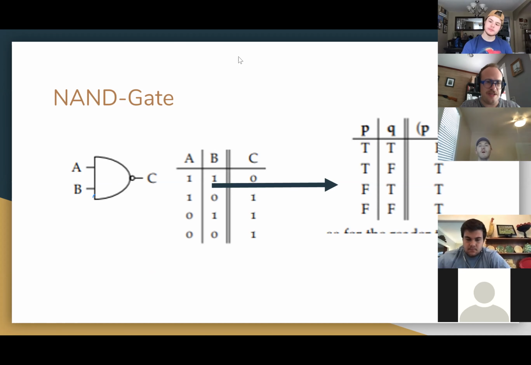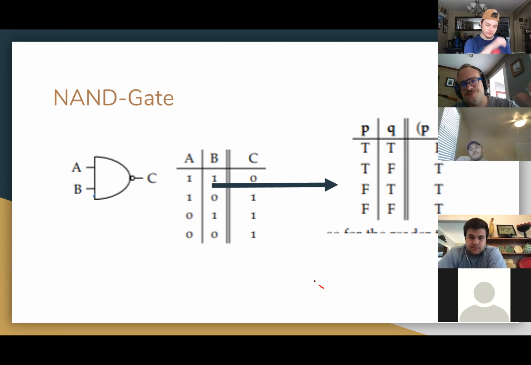Part of your homework is going to deal with thinking about this particular operator, but the NAND gate doesn't exist one-to-one with some TFL operator. Instead, it's a more complex compound well-formed formula, so negated conjunction.